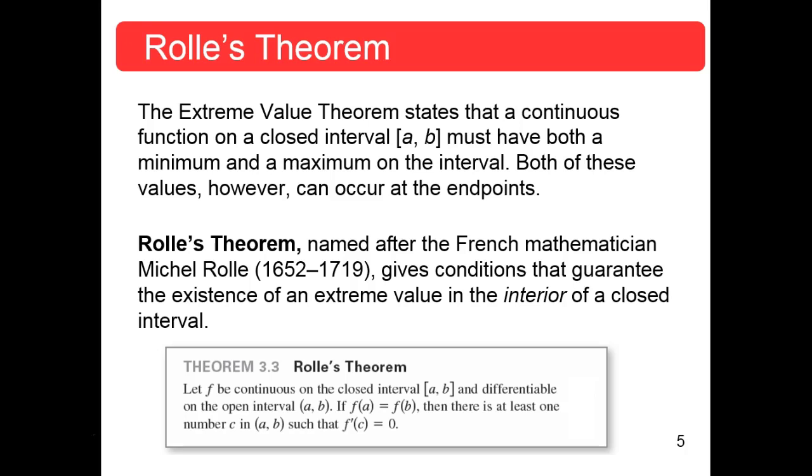Now, what if that's just the line f of a equals f of b because they're all on the horizontal line? Well, f prime is 0 everywhere on the horizontal line. So that's clearly okay. So what if it's not a horizontal line? If it's a smooth continuous function, it's either going to be going up or going down.